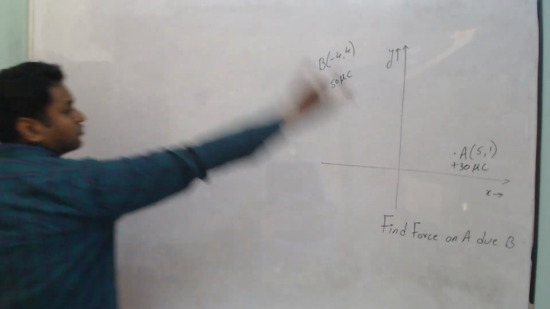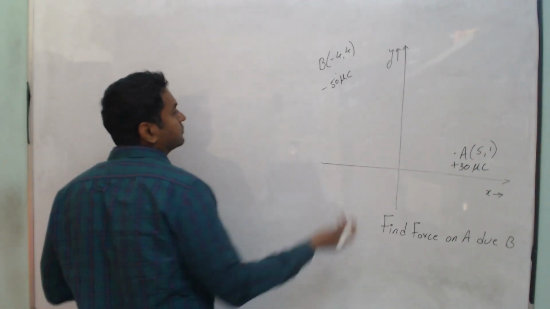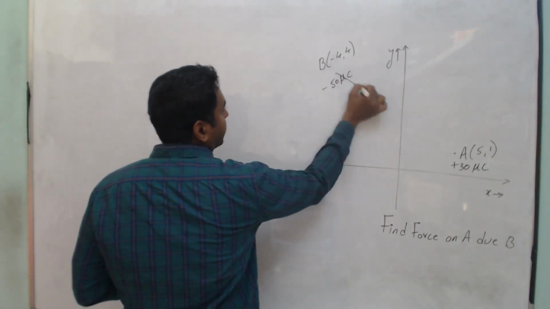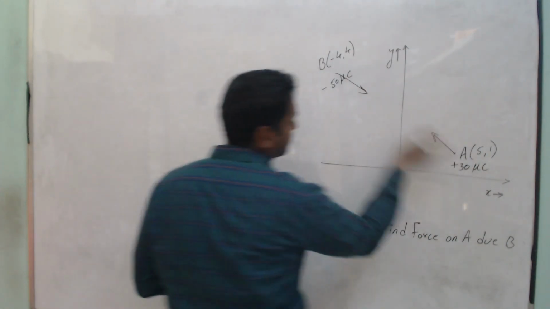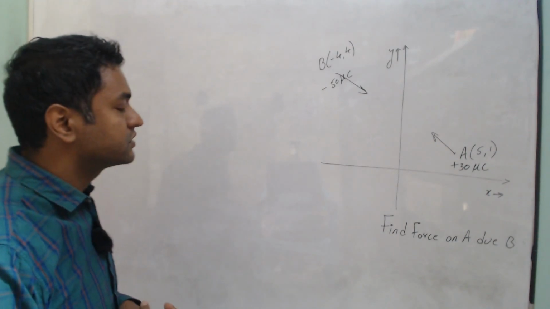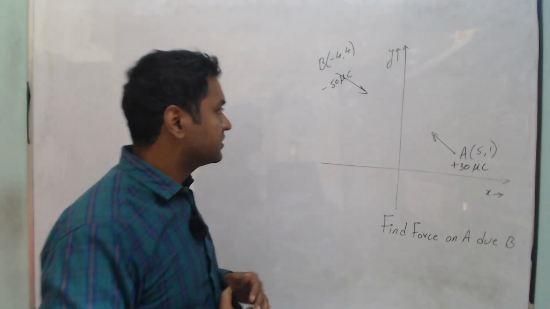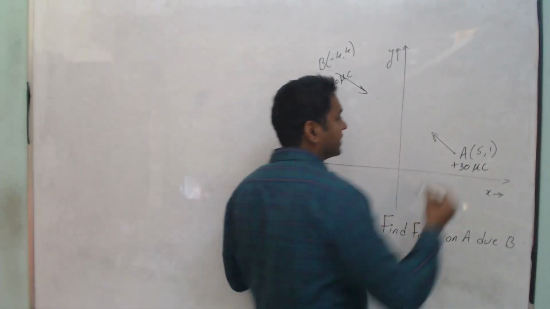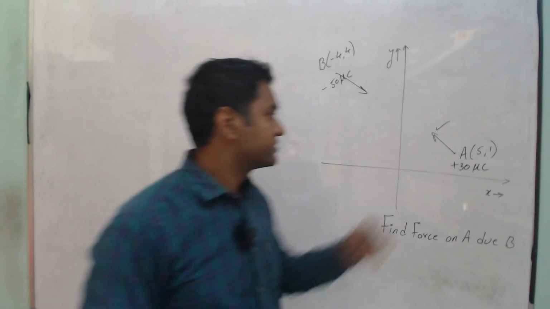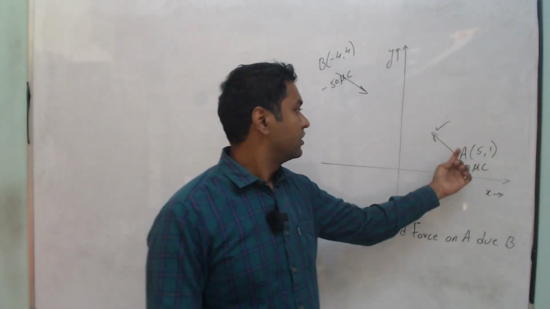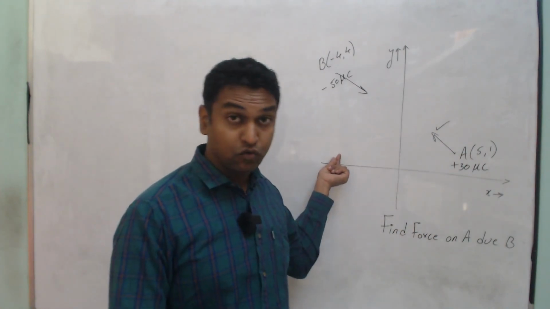So we need the force on A due to B. Directions: because positive and negative charges, unlike charges, attract, it will be in that direction. Now if we are interested in the unit vector along this direction, I will start from here, and from 5 I will go to -4.